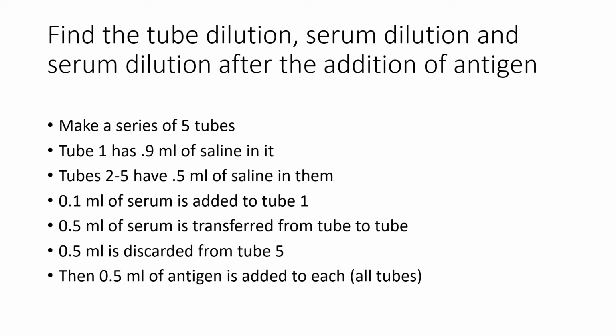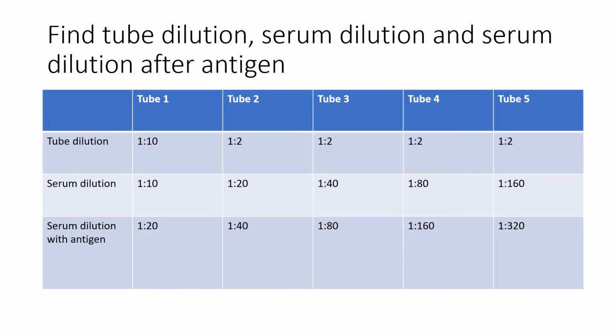So how do we go about figuring out the tube dilution and the serum dilution with antigen? I like to draw it out. I need to be able to see what I'm doing when I am creating serial dilutions. So in the first tube, if I have 0.9 of saline and 0.1 of serum, then we have a 1-to-10 dilution.